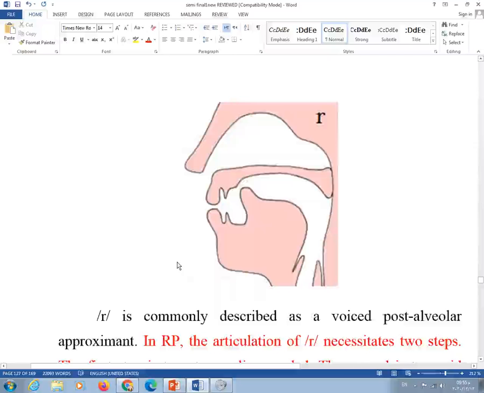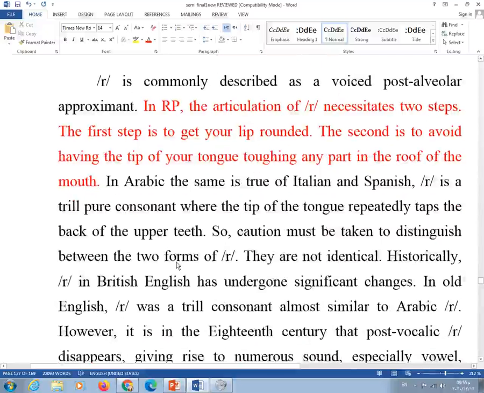In Arabic, similar to Italian and French, R is a trill sound. So we say ra, ra, ra. It's not as much of a trill as in Italian or in Spanish, but in our Arabic ra also, the tip of the tongue is put forward to tap against the back of the upper teeth.